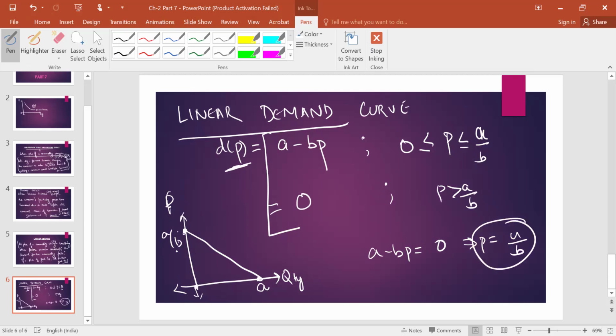This becomes A upon B. So this is basically the linear demand curve.